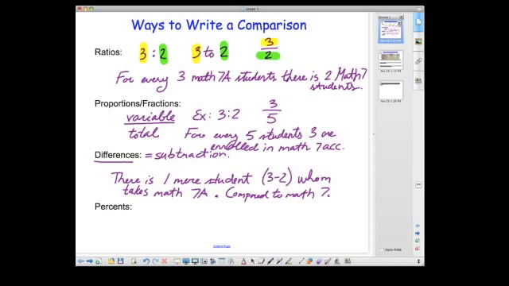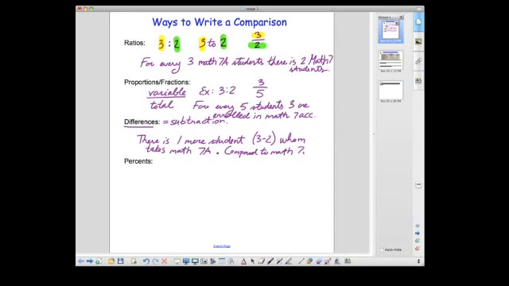In terms of the percent, it can be viewed as a couple of different things. You can write the percent comparing something, or you could write the percent out of the total. Most people choose to write the percent out of the total number of people. So in terms of percent, we want to start with the fraction that we have for our proportion, right?